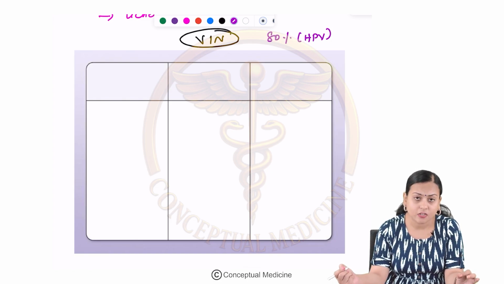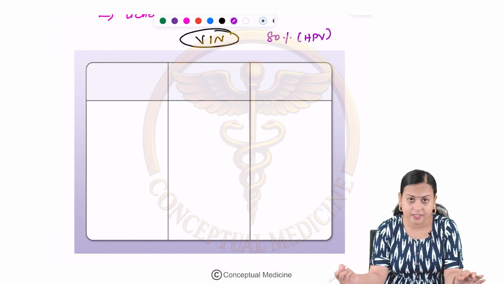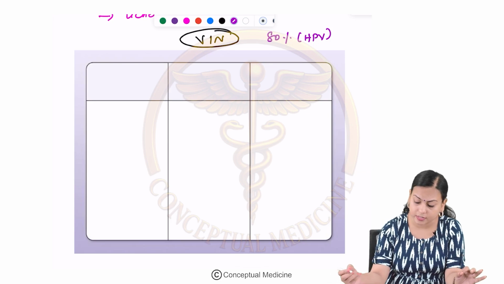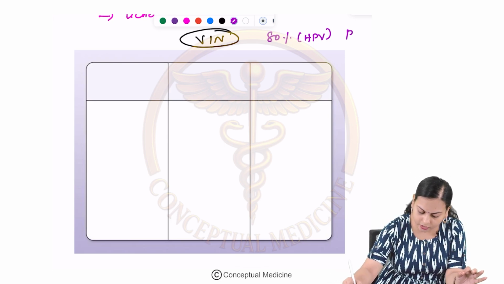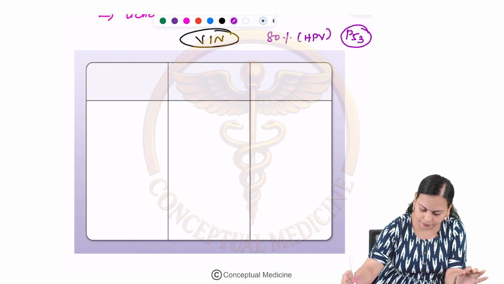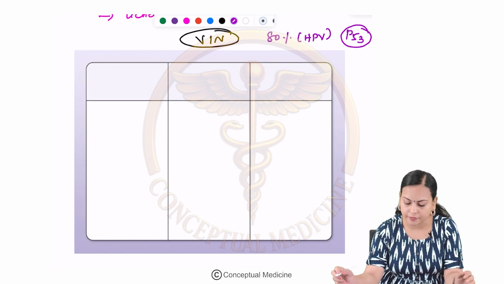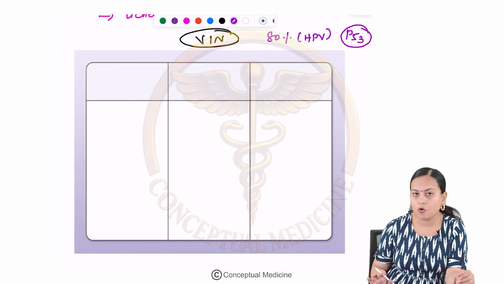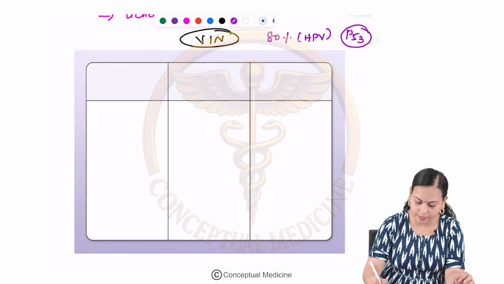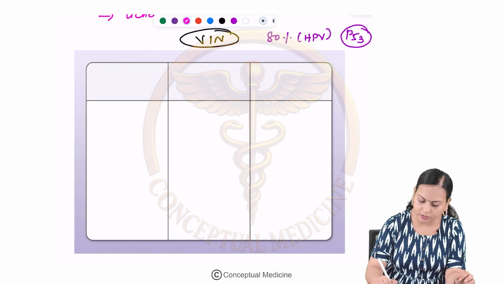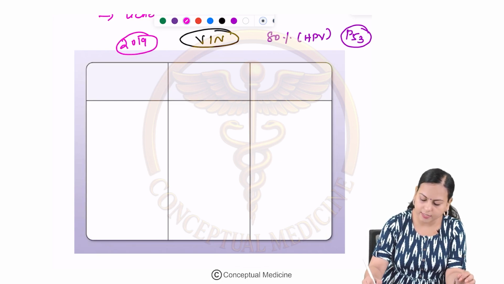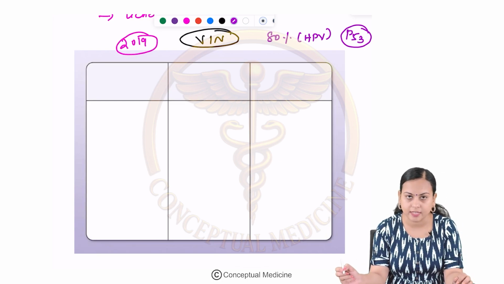These are chronic infectious conditions which will turn into inflammatory conditions because there will be mutations in the P53. That is seen mostly in older women. So, we have 3 types of VIN that were given by ACOG in the year 2019. ACOG is the American College of Obstetrics and Gynecology.